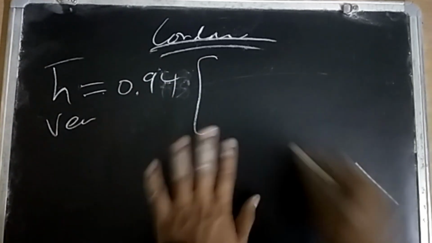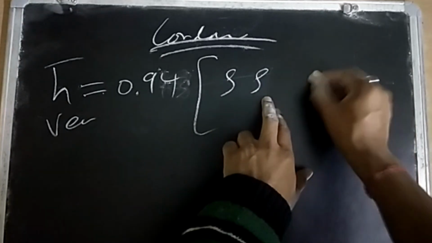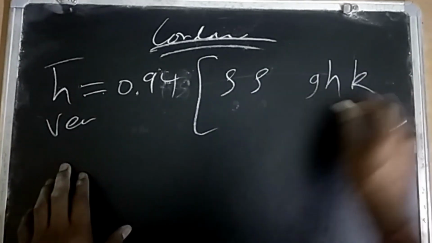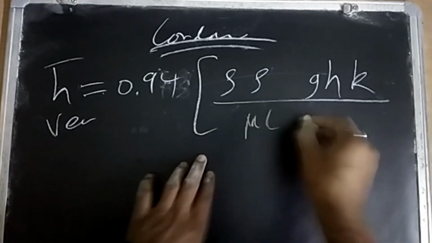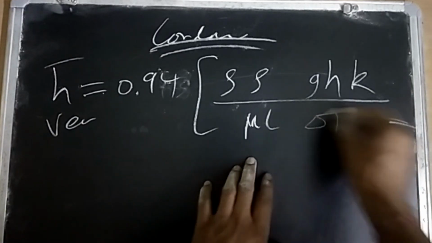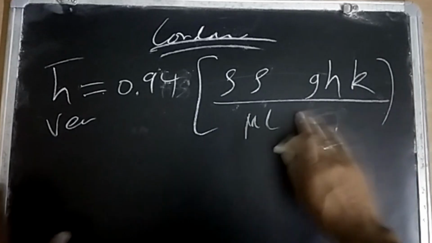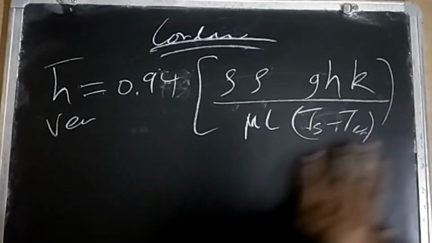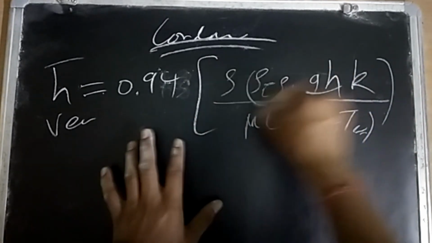And first write rho, then write rho g h fg k cube, and then mu L delta T, saturation minus T wall. So this is T saturation minus T wall. Okay, rho g h fg, and this rho here is rho L minus rho V, liquid minus vapor.